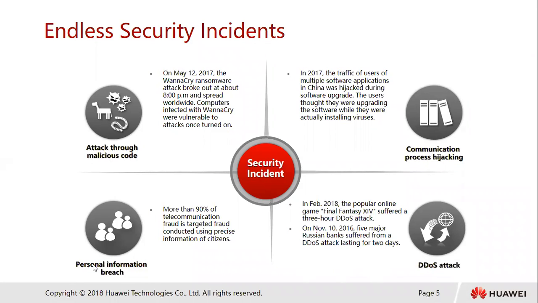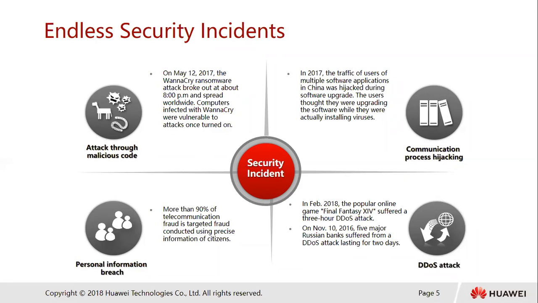And then here we have personal information breach, where more than 90% of telecommunication fraud is targeted fraud connected using precise information of citizens. Of course, when you have a data breach, the hackers have your credit card information and so on. They can sell that information or use it to make fake credit cards.